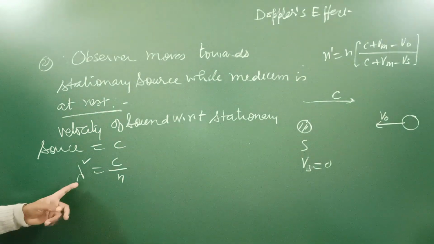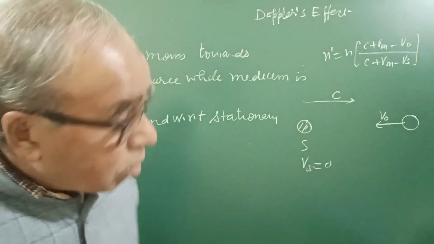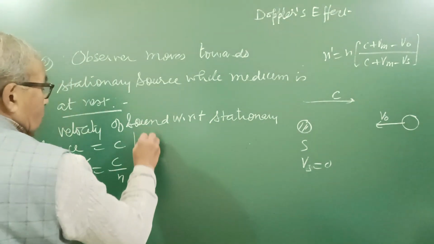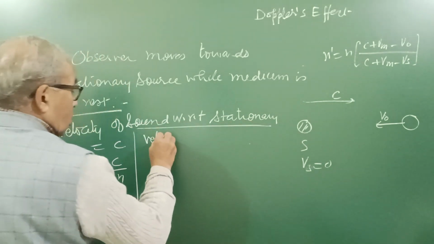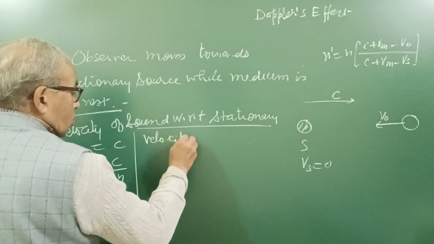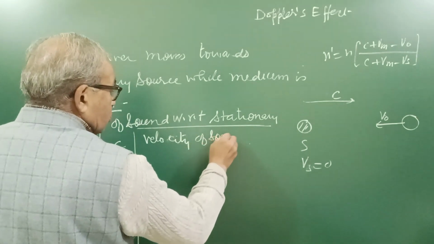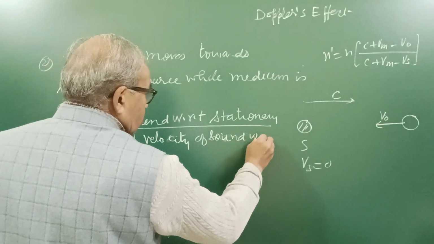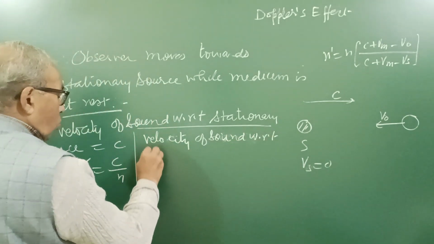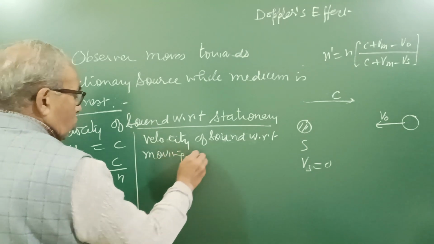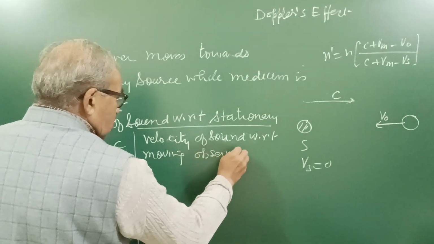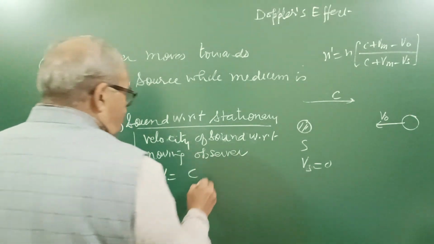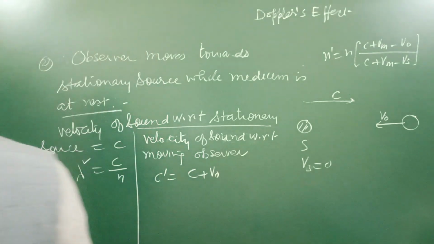The sound wavelength lambda is approaching the observer. So the velocity of sound with respect to the moving observer, C dash, will now be C plus VO.